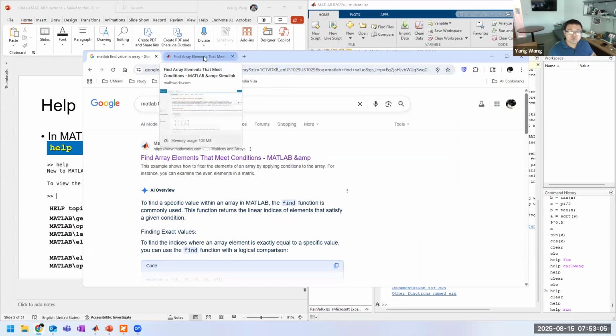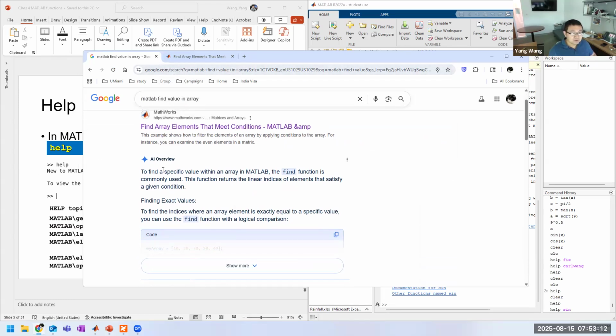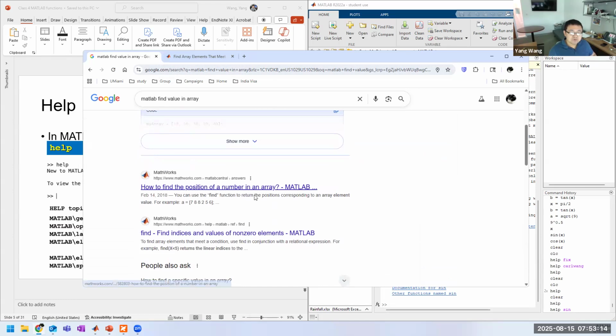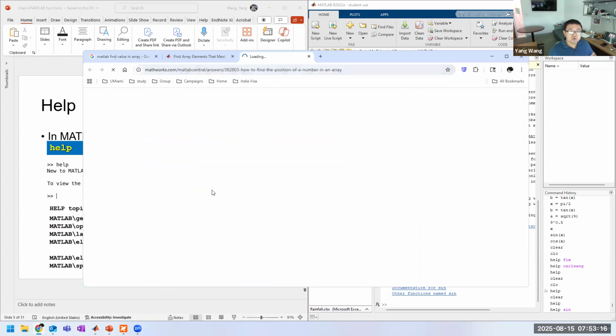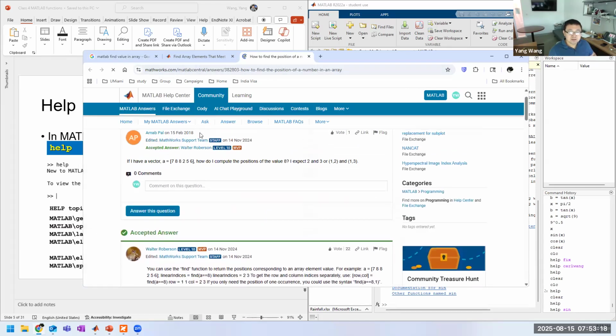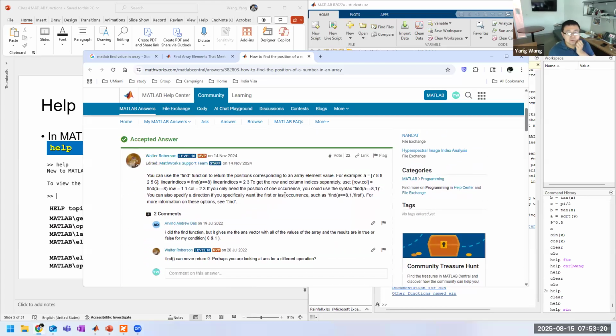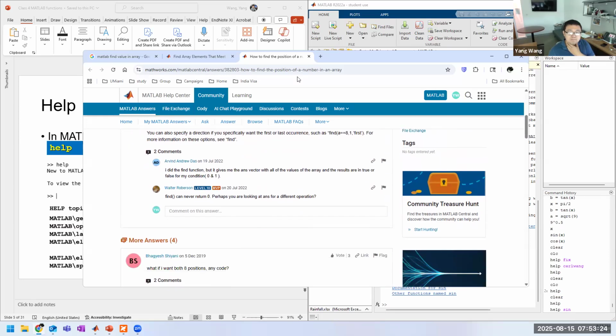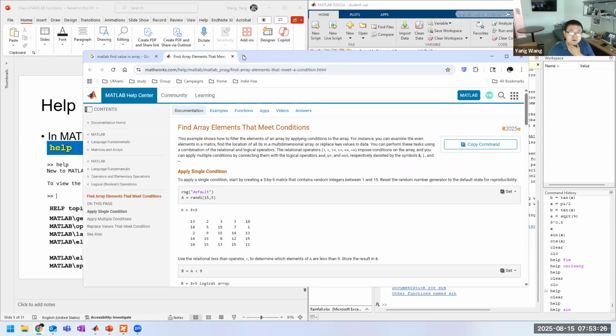And one advantage of using MATLAB is that it has a very large user community, and there are also a lot of discussions. For example, you can post questions, and inside the community, people can help you with all of these different functions, which can be very handy.